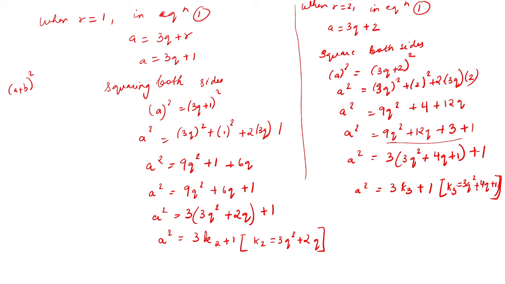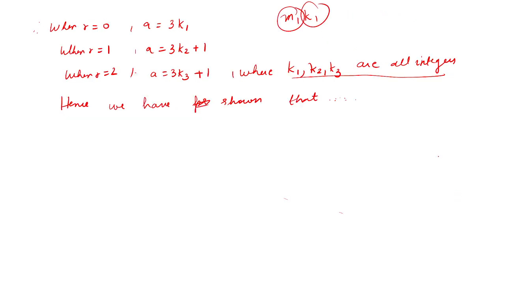The same case for k3. You replace your q with any values that you want, okay? q as 1, 2, 3, 4, minus 1, minus 2, minus 3, minus 10, minus 100, minus 1000 if you want. And when you substitute that, your k3 will be another integer, clear? So that's the reason why I've written k1, k2 and k3 are all integers, okay?